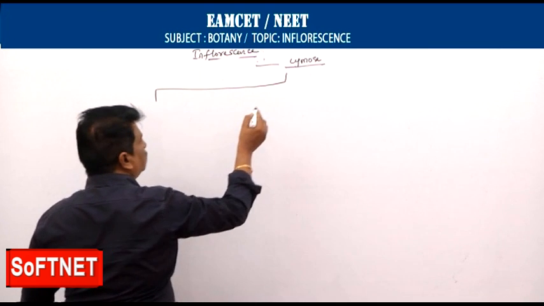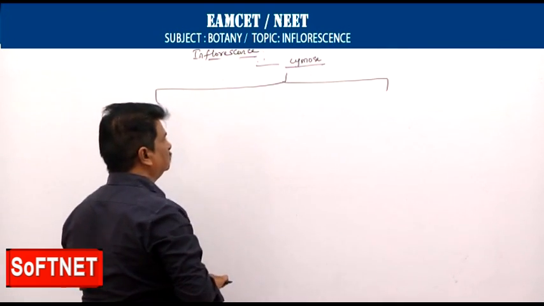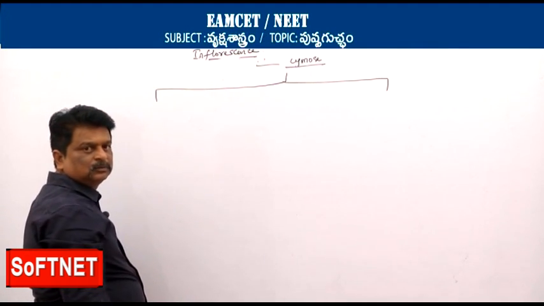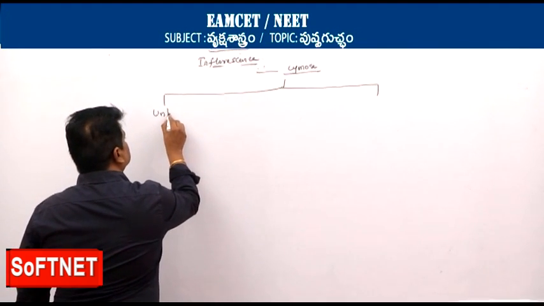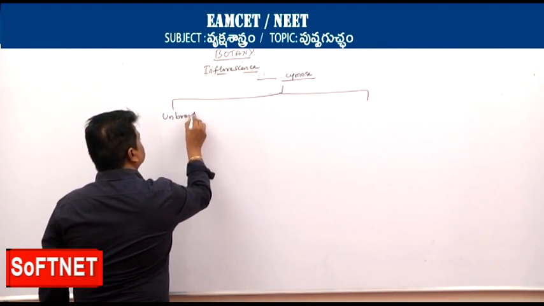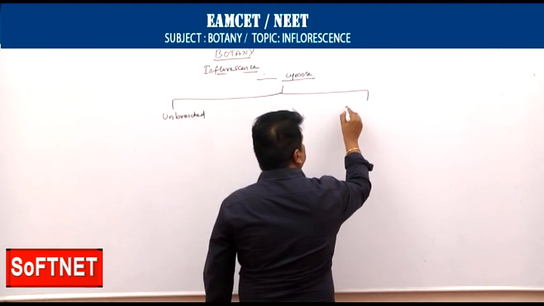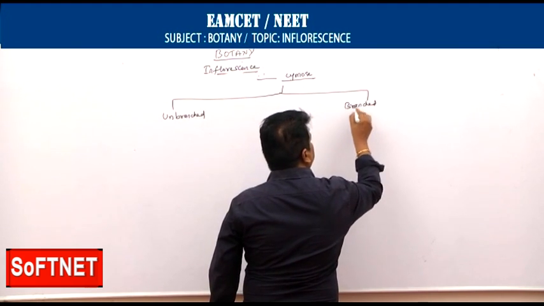So cymose is of two types: one is unbranched cymose and the second one is branched cymose.